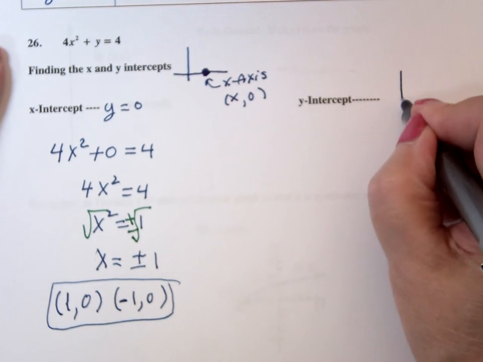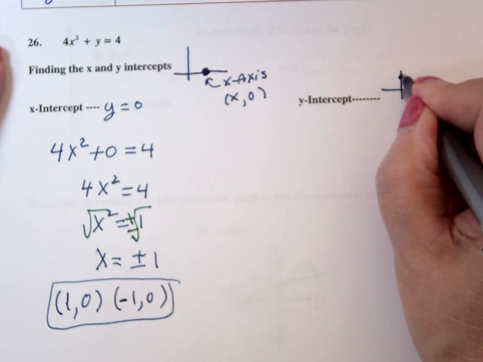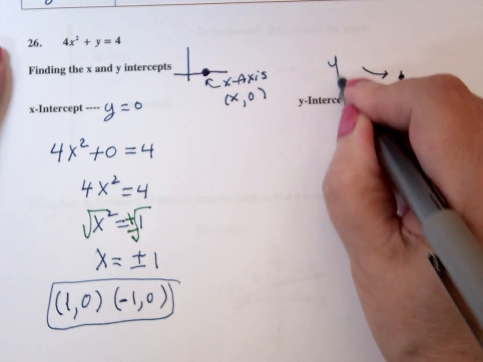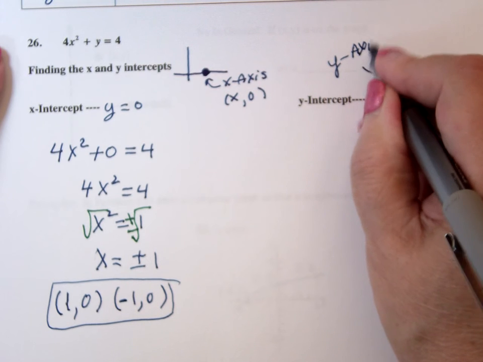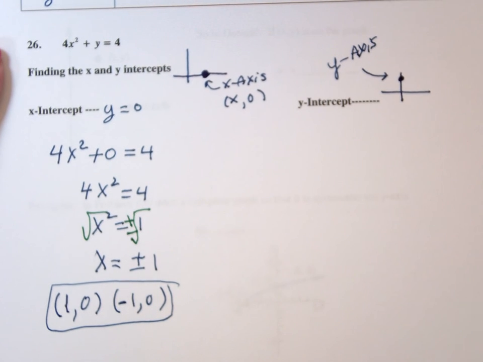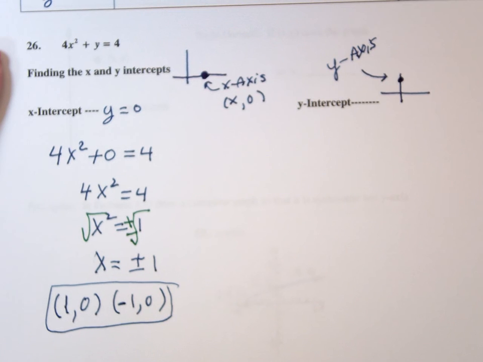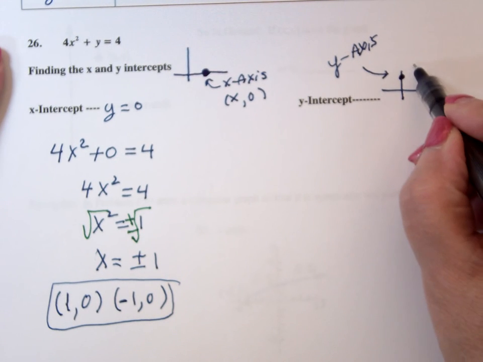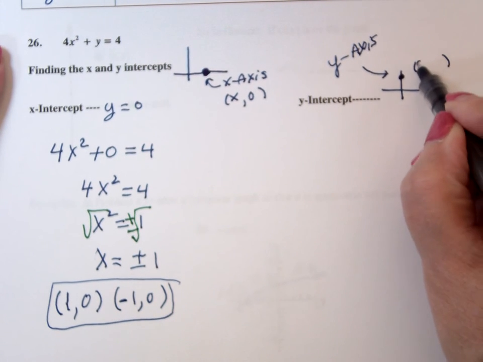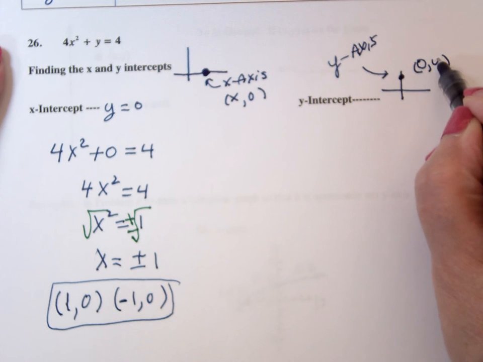Now the y-intercept occurs on the y-axis. If all else fails, guys, and you can't remember, draw a graph. You know where the stuff is. Then that gives you an idea of what you need to do to find it. Any coordinate point on the y-axis has an x value of 0 and some y value.